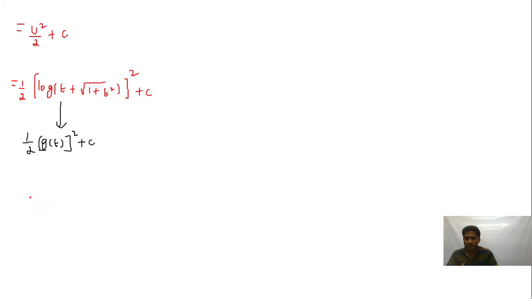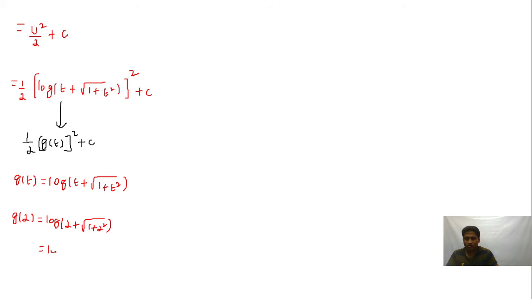Okay, let us first find g of t. G of t from this can be written as g of t is equal to log of t plus root of 1 plus t square. This is g of t. G of 2 can be written as log of 2 plus root of 1 plus 2 square.